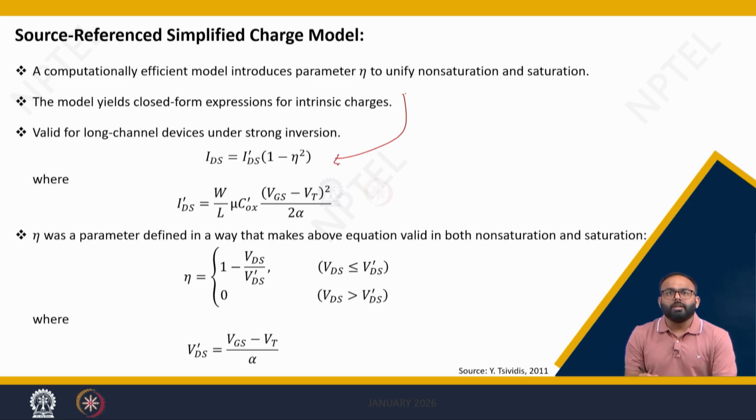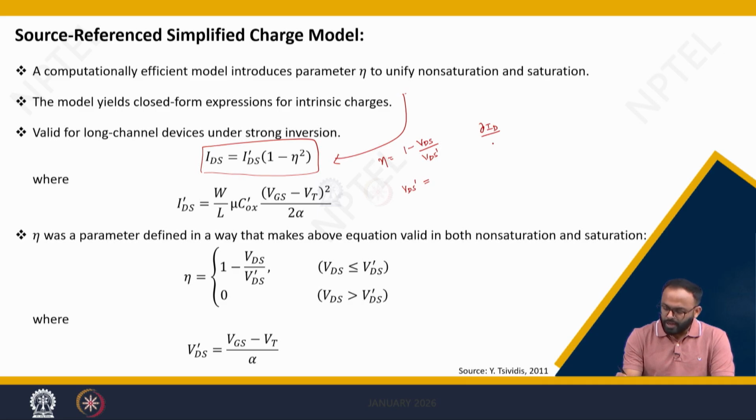To do so, let me give you a recap of the basic equations we have derived: IDS is equal to IDS' into 1 minus eta square, where eta was defined as 1 minus VDS divided by VDS', and VDS' was defined by the slope of the ID-VD characteristic and keeping it 0, that value was VGS minus VT divided by alpha.